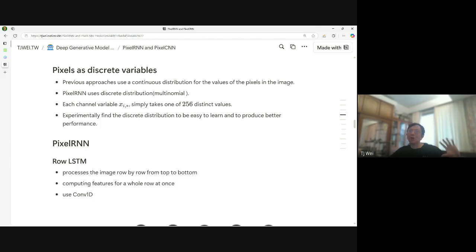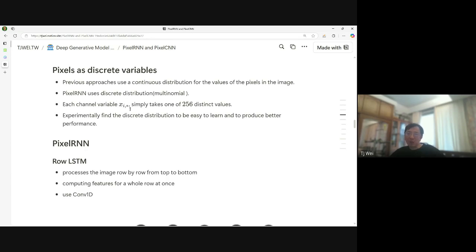It's just saying that it is more beneficial to use continuous space instead of discrete space if your target is a continuous distribution. So PixelRNN and PixelCNN go against this general rule, but they get a better result.